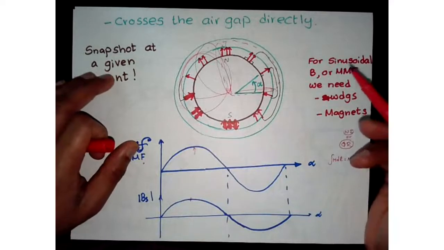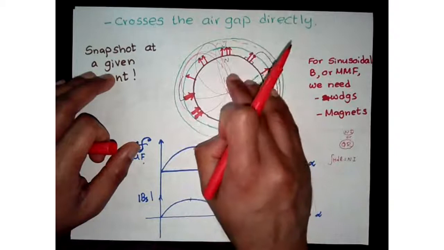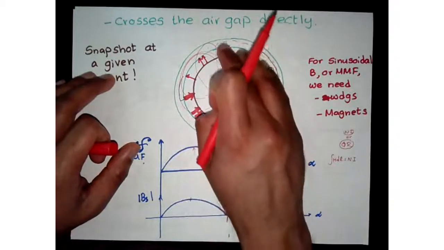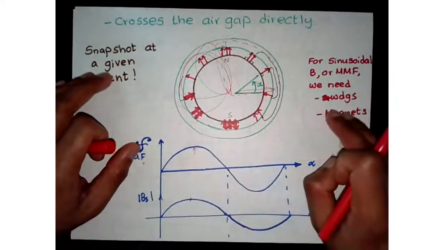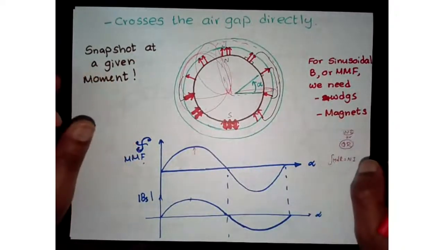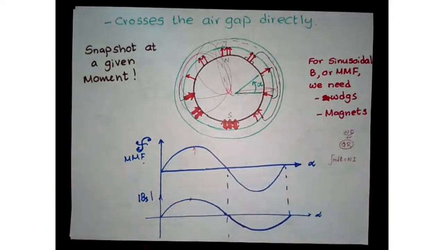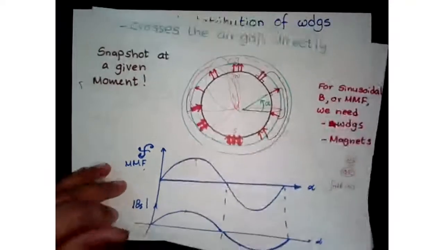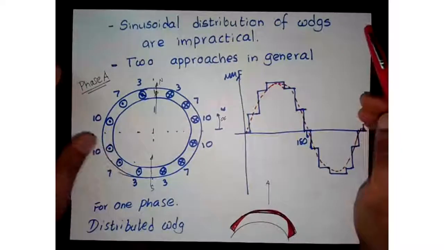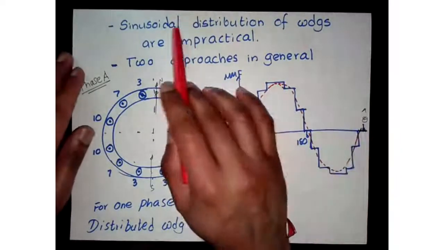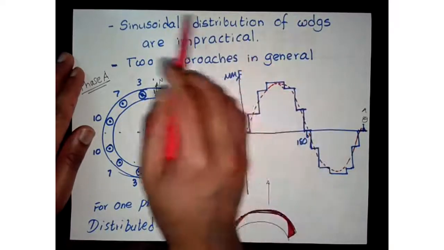That means in order to achieve such a distribution, we have to have a sinusoidal flux density around the air gap. Now, what we want is one thing, and achieving this practically is another problem. If we are to achieve a sinusoidal distribution of flux, we'll need sinusoidally distributed windings, but that is impractical.